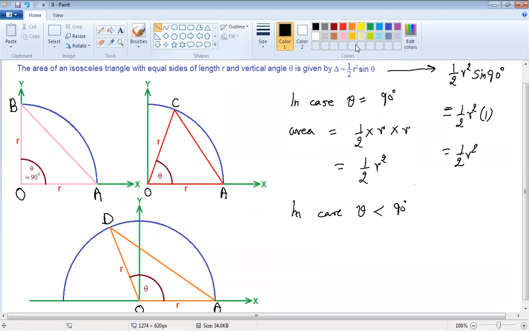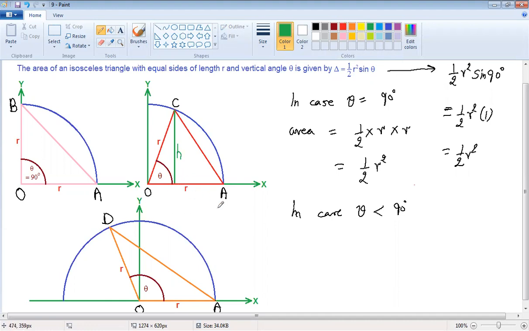So we do a construction, we just draw a perpendicular. From the point C, we draw a perpendicular to the base OA. Now suppose this perpendicular has the length equal to h, meaning the height of the triangle.